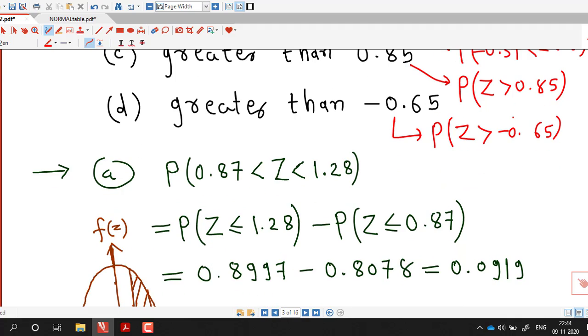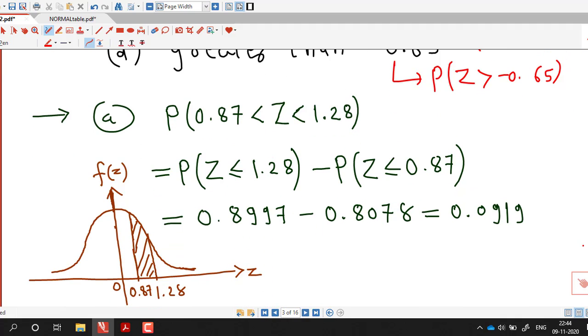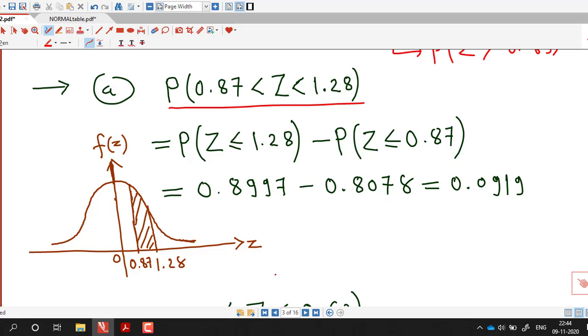First one is probability that 0.87 is less than Z is less than 1.28. That is, Z lies in the interval between 0.87 and 1.28. So this probability is nothing but this area below the graph of f between 0.87 and 1.28.